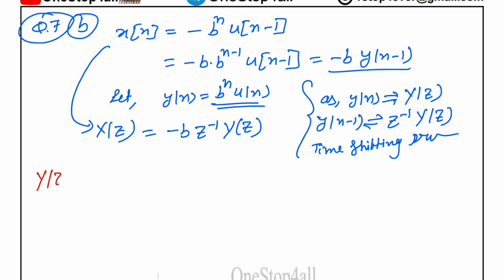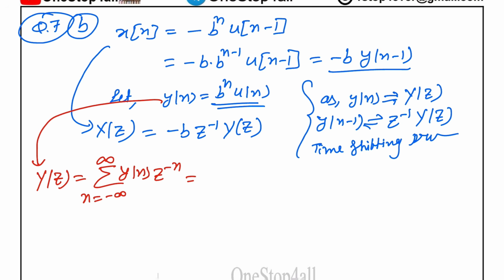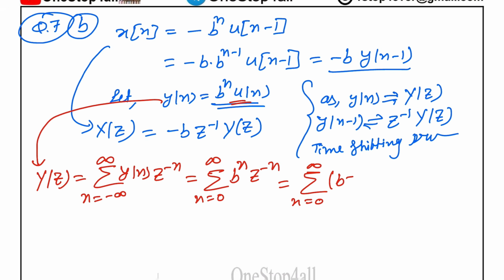Now, we will calculate y of z, the z transform of y of n. The z transform is defined as the summation of y of n into z to the power minus n. As it is u of n, the summation will be n equal to 0 to plus infinity of b to the power n into z to the power minus n. This can also be written as the sum from n equal to 0 to infinity of b into z inverse to the power n.